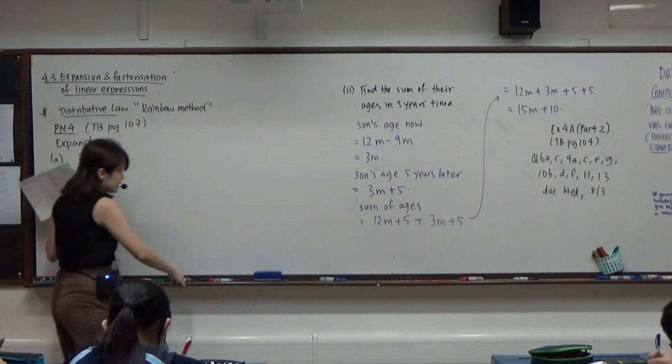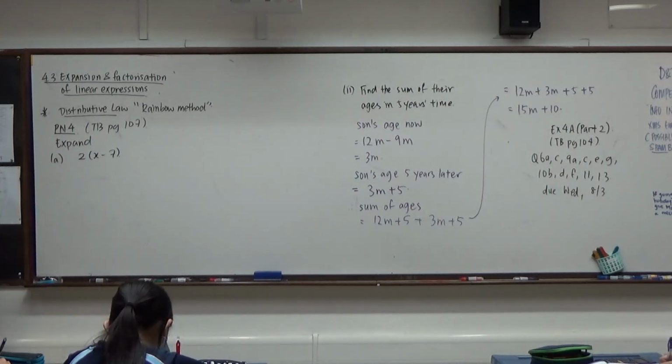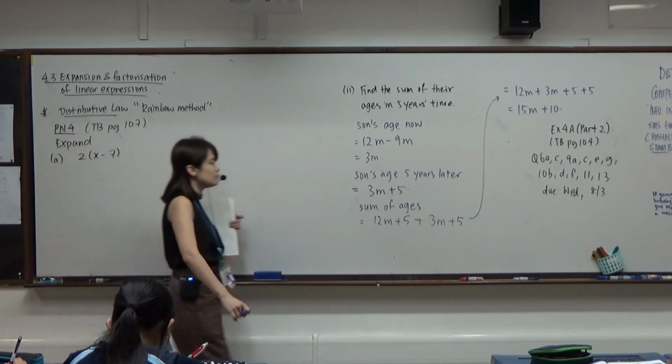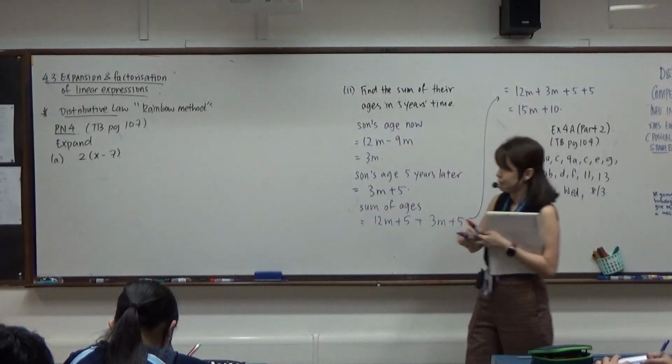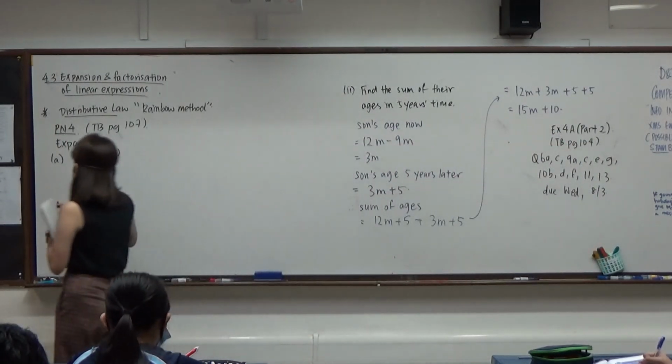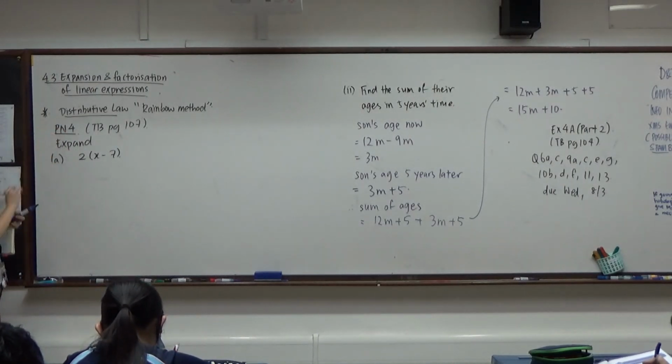Looking at this example, practice now for textbook page 107. To expand 2 bracket x minus 7. The meaning of expand is to so-called remove the brackets, but we cannot just happily remove them. There is a technique for how to remove them, and that is done by our distributive law or rainbow method.